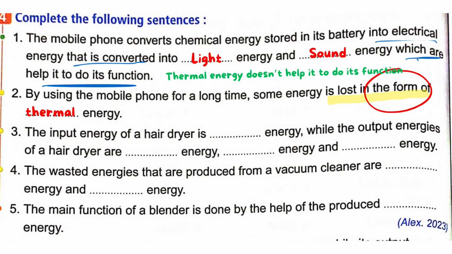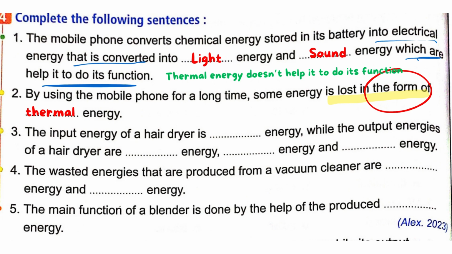So keep focus on this point, as the question may ask you about the energies that help the device, or the opposite, the energy that doesn't help. So read carefully, okay?